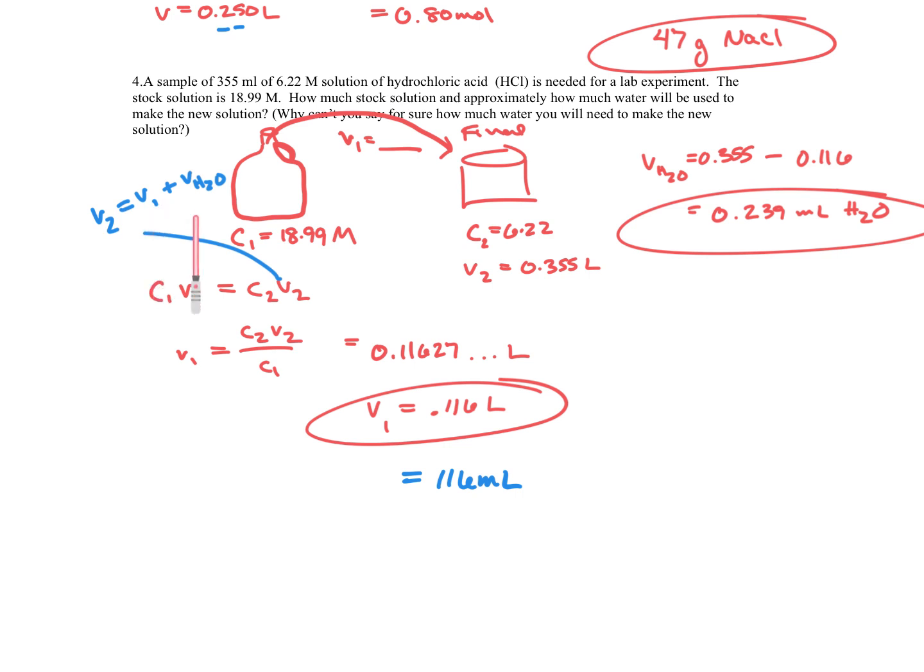The total volume at the end needs to be 355 milliliters. If 116 milliliters are coming from the liquid, you need 239 more milliliters to make a final volume of 355 milliliters. So these are the solutions for the amount of original solution moved and the final amount of water.